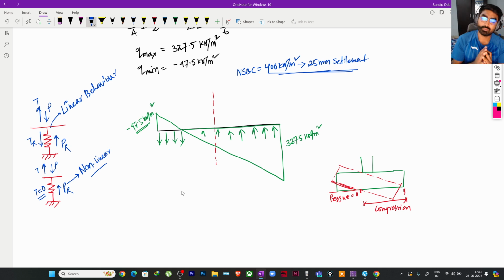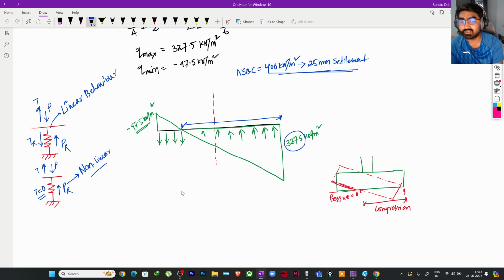So when the footing is going under uplift, then due to this behavior, the pressure that we are getting here from the linear analysis, in the real scenario the pressure will not be the same. Basically, due to the uplift, there will be a redistribution of pressure in this effective width, and this width will also not be the same as with the linear analysis.